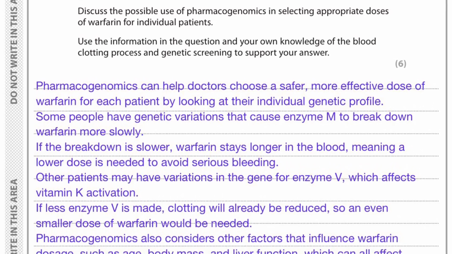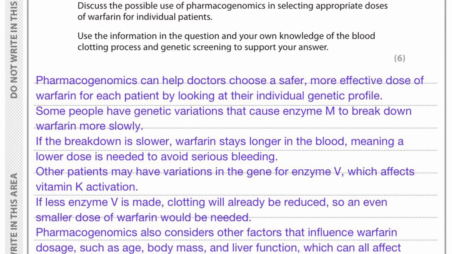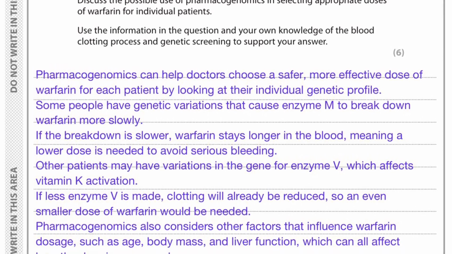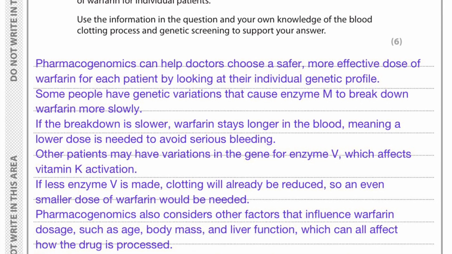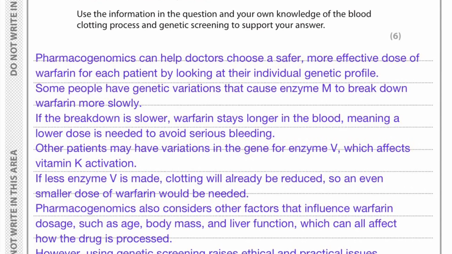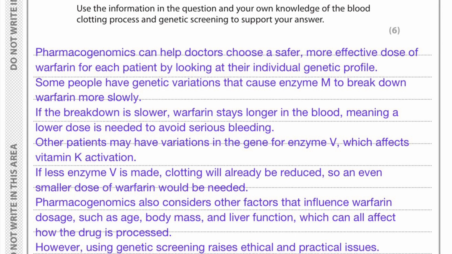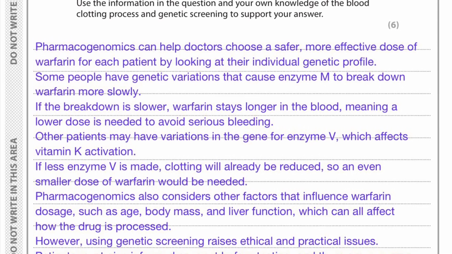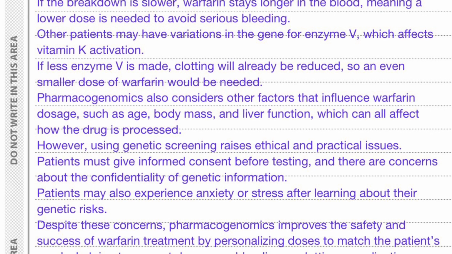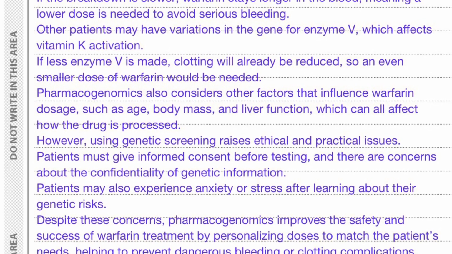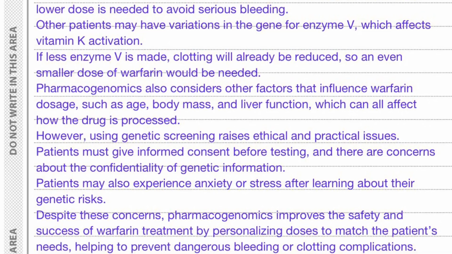So I said pharmacogenomics can help doctors choose a safer, more effective dose of warfarin for each patient by looking at their individual genetic profile. Some people have genetic variations that cause enzyme M to break down warfarin more slowly. If the breakdown is slower, warfarin stays longer in the blood, meaning a lower dose is needed to avoid serious bleeding.